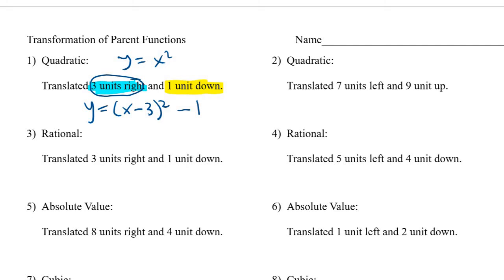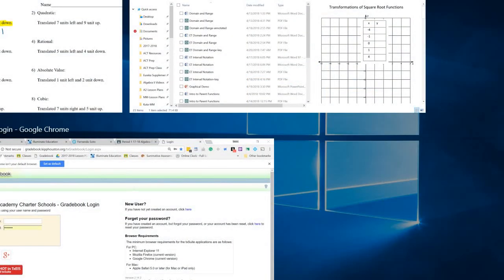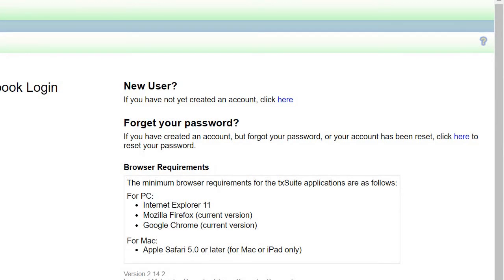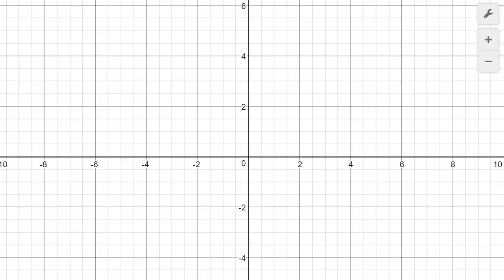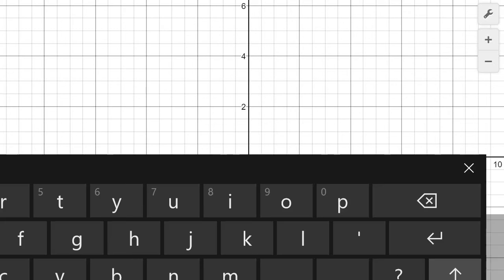Let's try it on Desmos and see what happens. So let's go to Desmos and see how that looks. Okay, so I want to type the equation so you can see what I was typing.